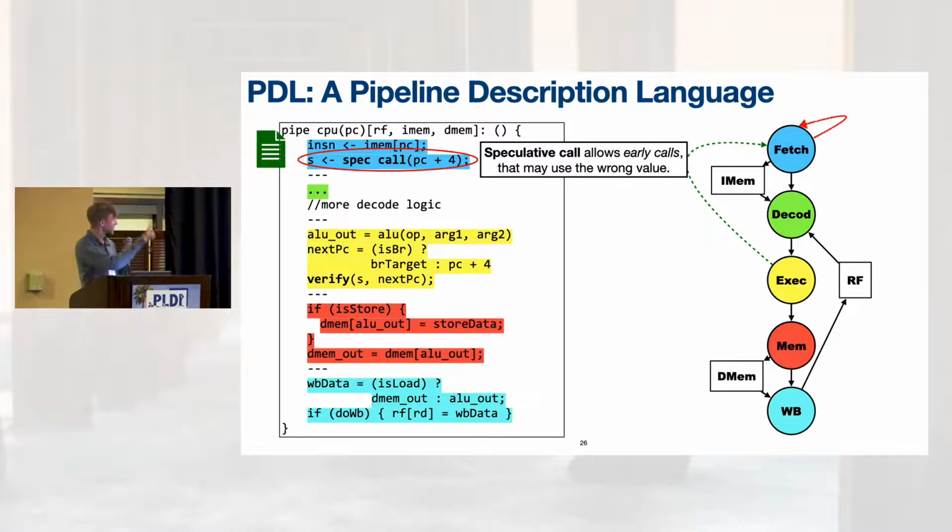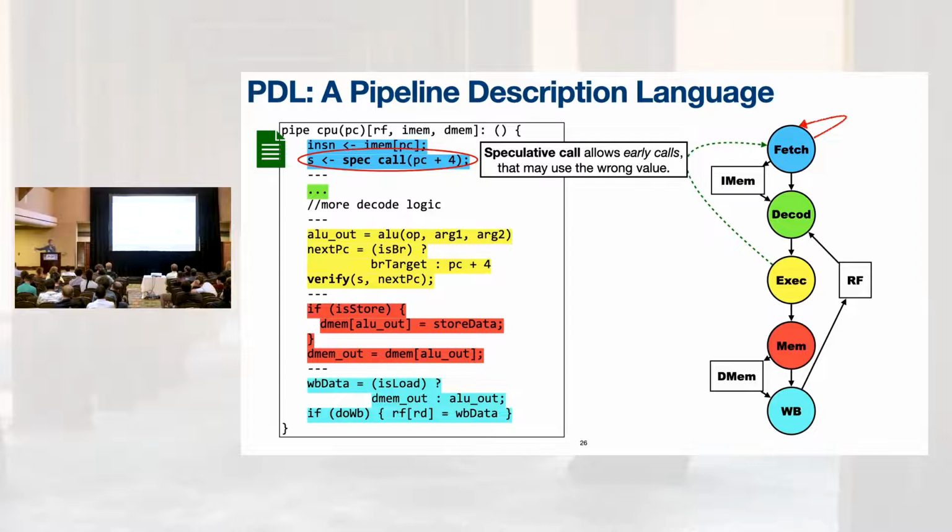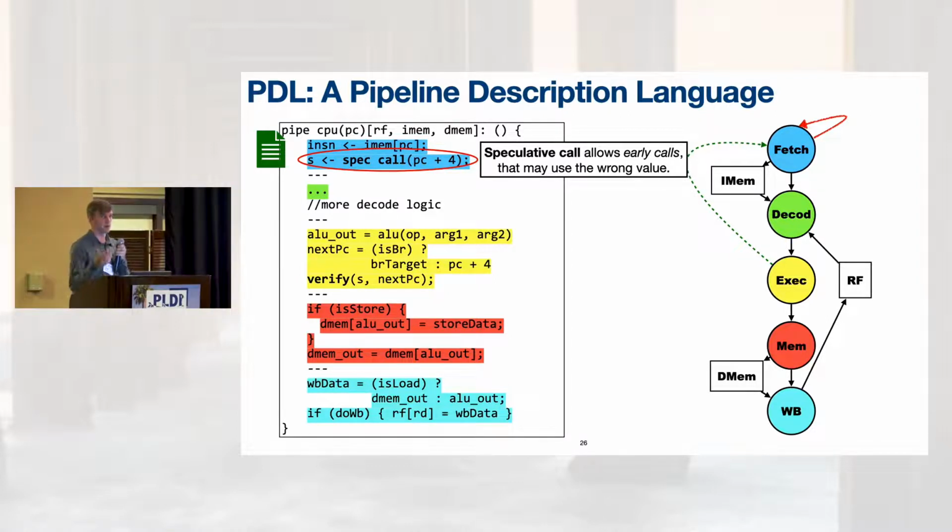So this red arrow on the right says, OK, in this cycle, we're speculatively starting an instruction with PC plus 4. But PDL also allows you to link in and generate predictions from external modules. You could implement your favorite branch predictor, ML algorithm, whatever, in Verilog and link it in here to provide you with a prediction. Now that we have speculative instructions, though, there's speculative state flowing through this pipeline.